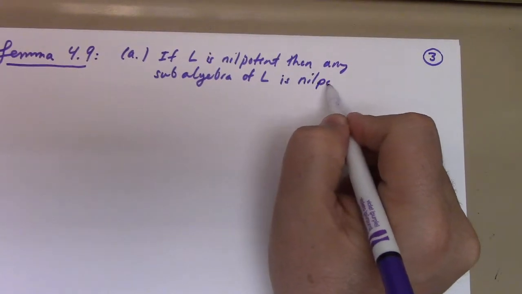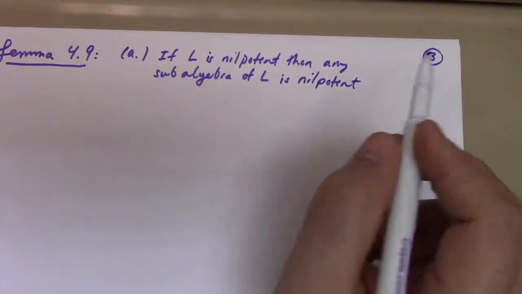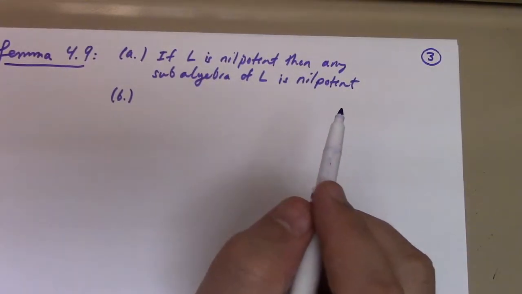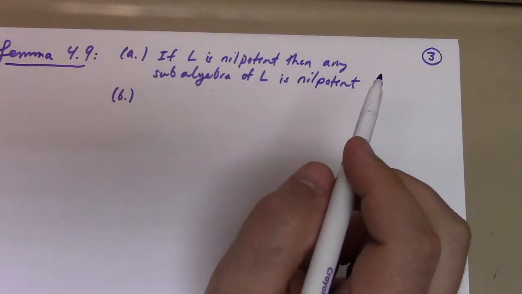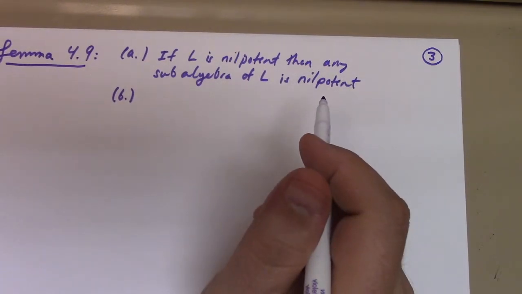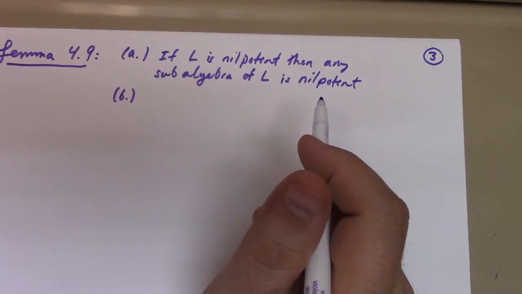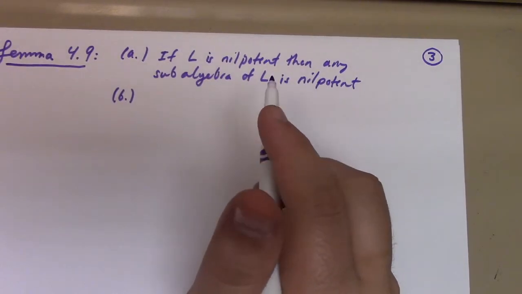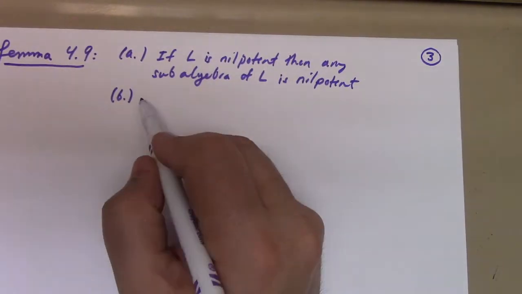Well, that's nice. Just like the solvable case. And then B, although he has not told us that the homomorphic image of a nilpotent algebra is nilpotent. You would think he would say that here if it was true. I bet it's not.